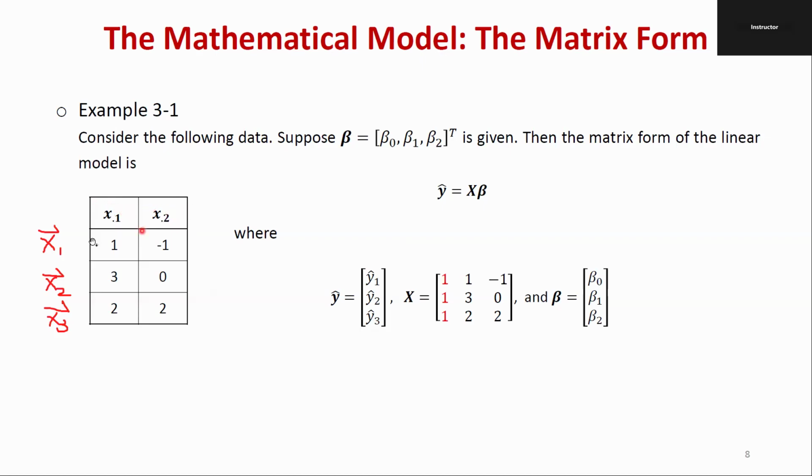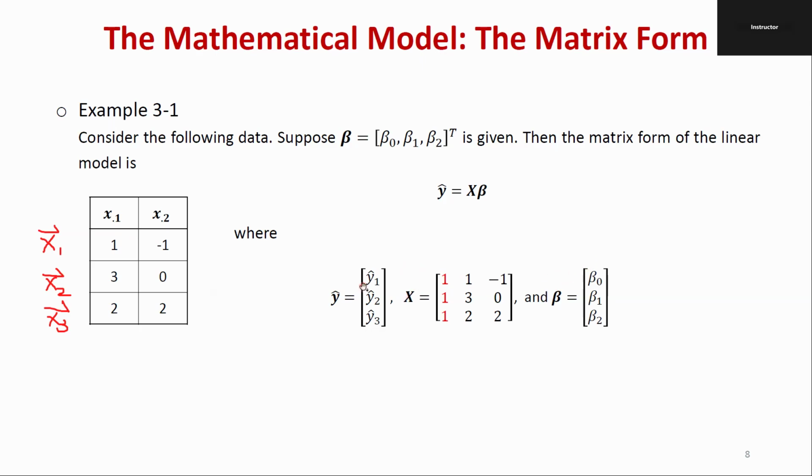For x, x11 is 1, x12 is negative 1, x21 is 3, x22 is 0, x31 is 2, x32 is 2. Now, first of all, suppose we have already known the betas, so that we have beta 0, beta 1, beta 2. Later we will calculate it, don't worry. Here I just want to show the expression.